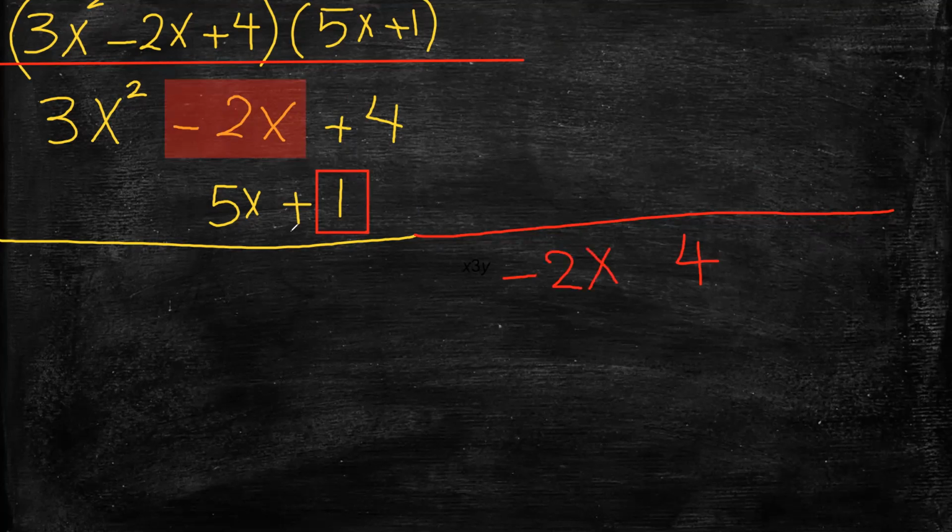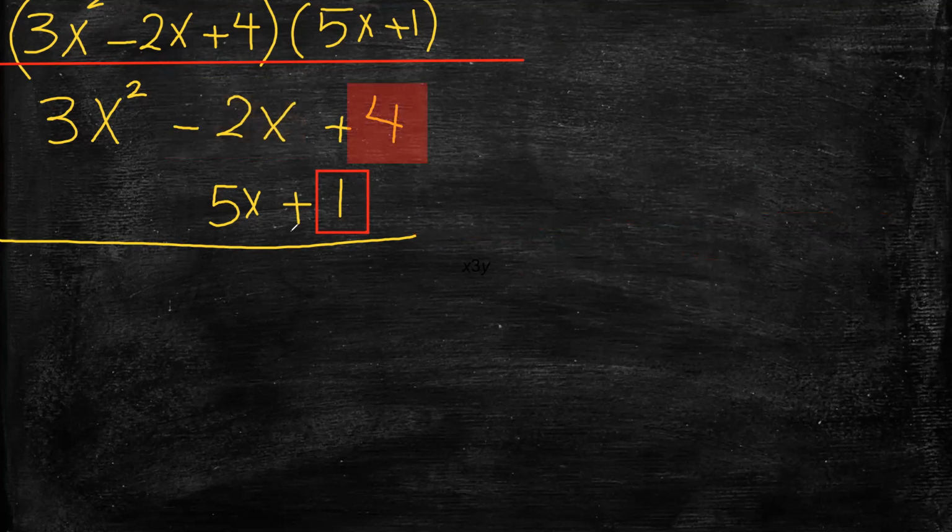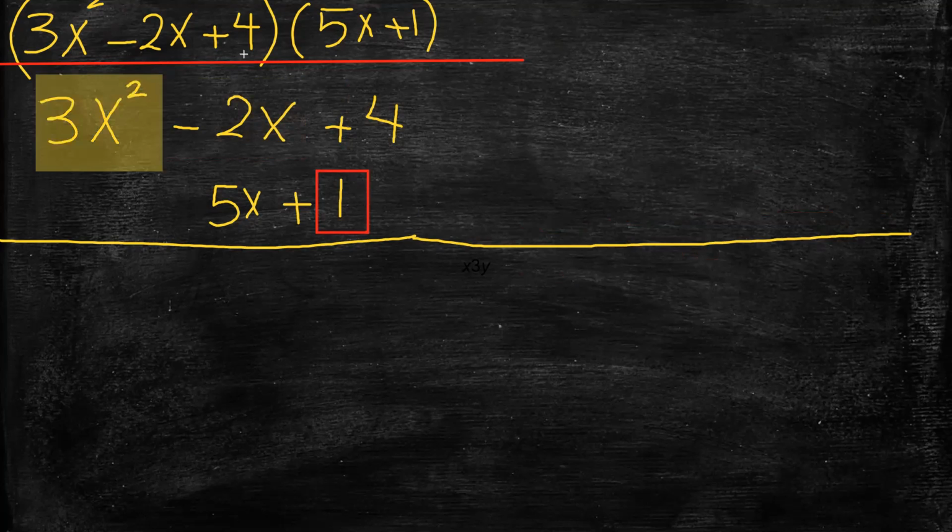By the way, you can also restart from here, like 1 times 3x squared. So 1 times 3x squared. This is the first step. And the answer is 1 times 3x squared is 3x squared.